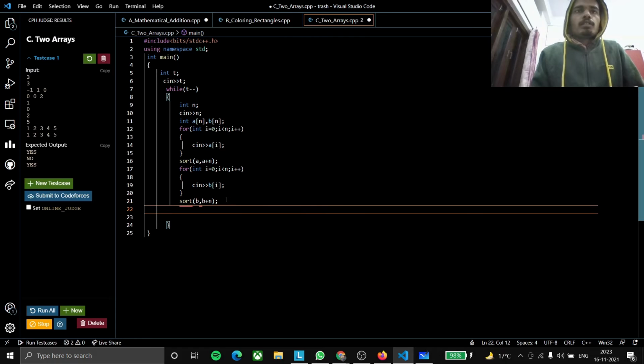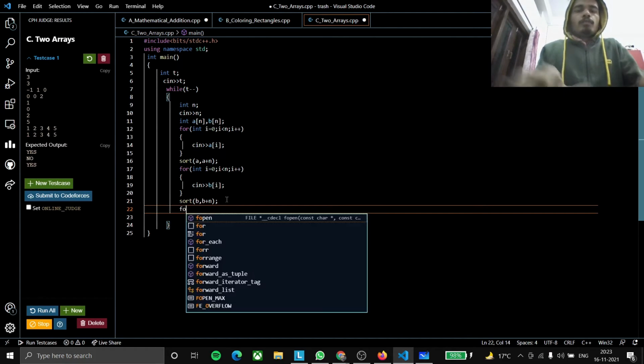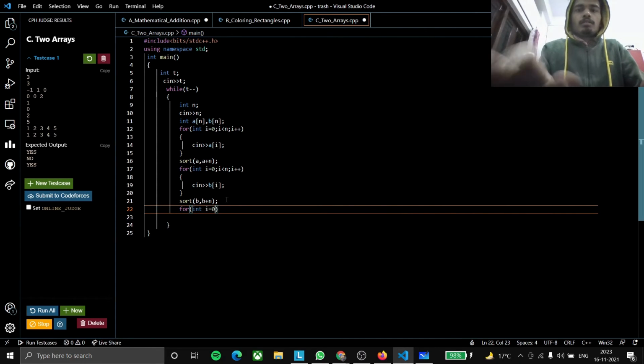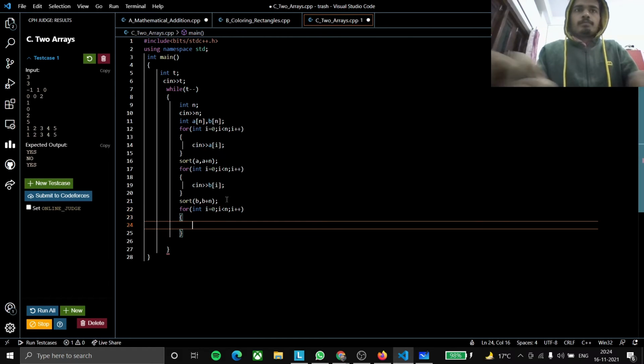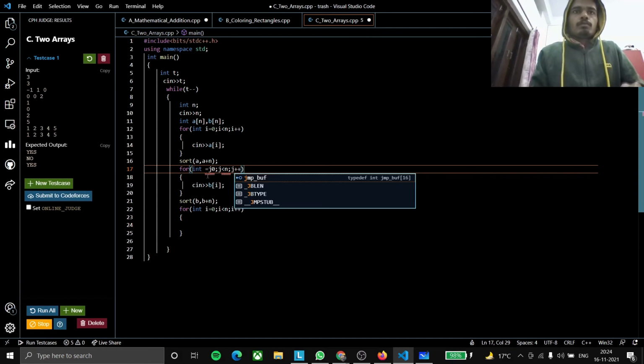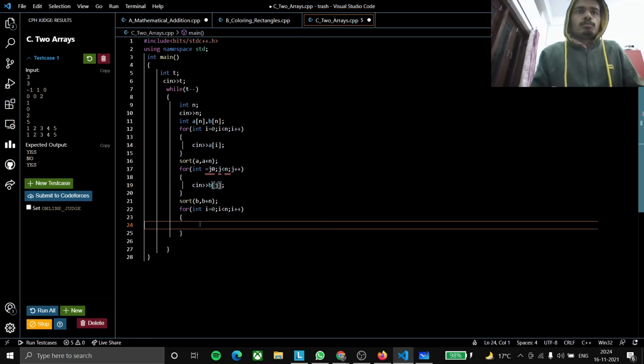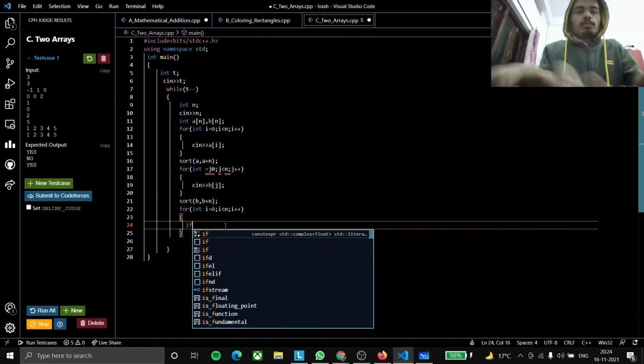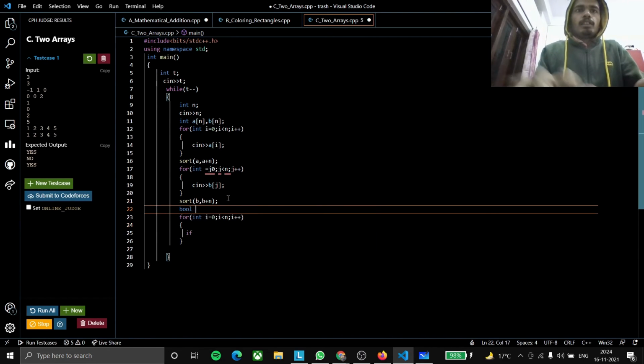Now what we do is, we can use j here as well, no issue, I just don't want to use the same variables everywhere. Now we can declare a boolean, ok, equal to true, let it be true initially.